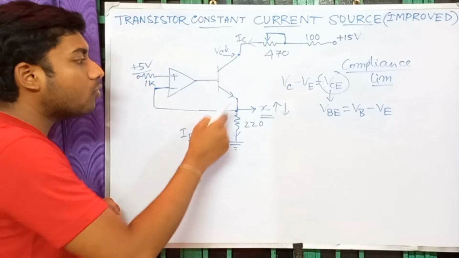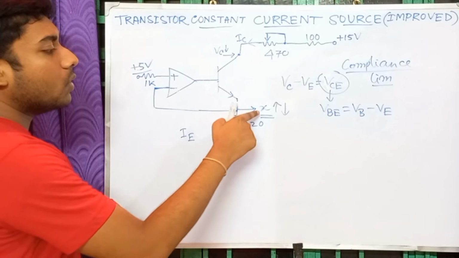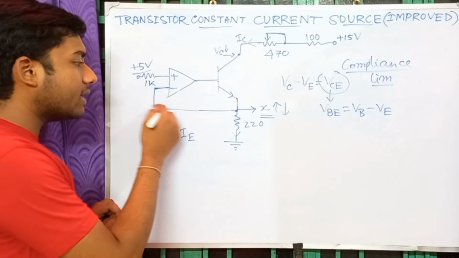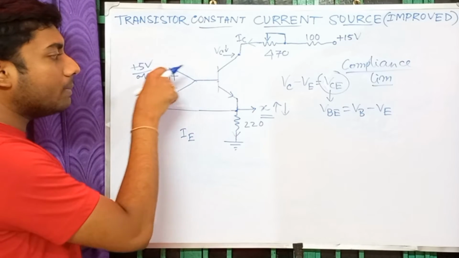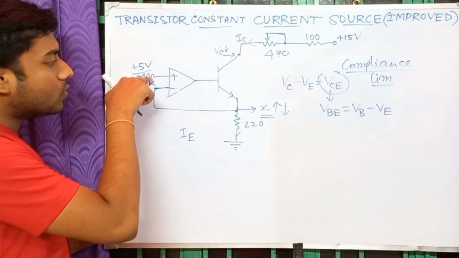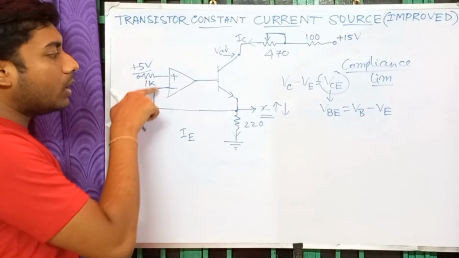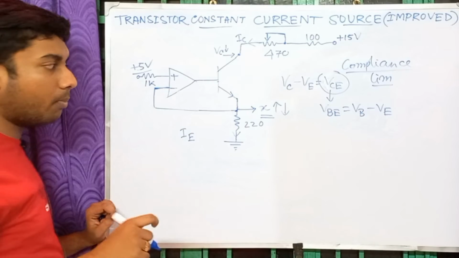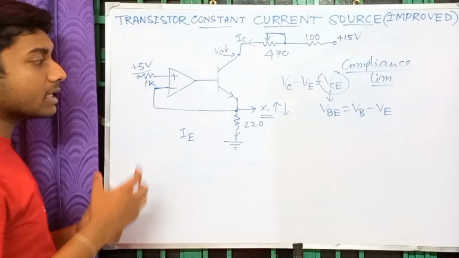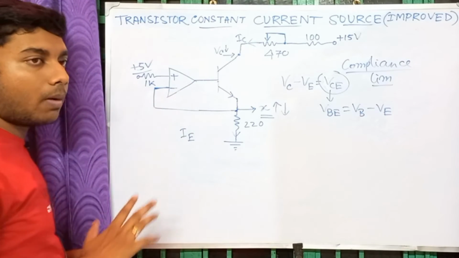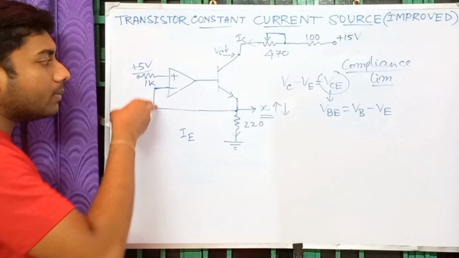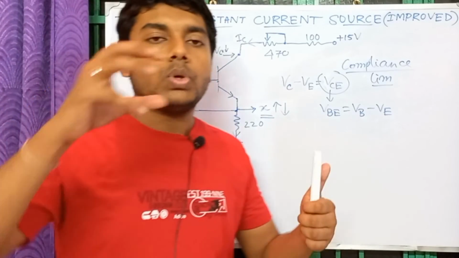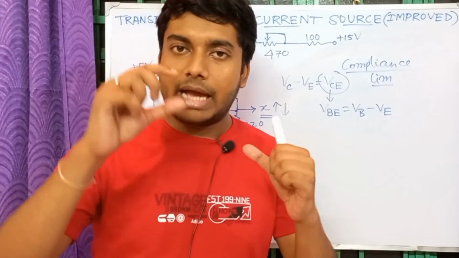The op-amp will work in such a way to make this voltage constant, and as negative feedback is operating, the two input voltages of this op-amp will remain the same. This is the operation of the op-amp. Whenever negative feedback is operating in an op-amp, its two inputs will be at the same voltage.